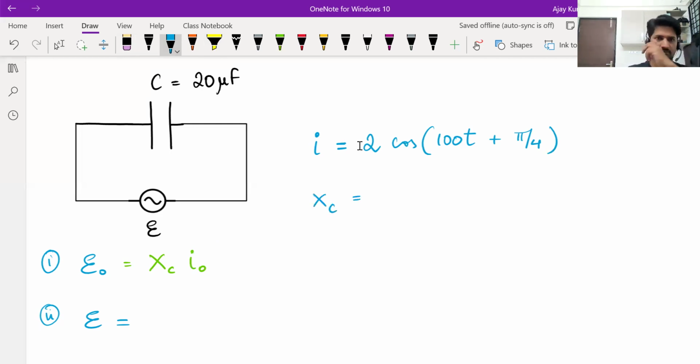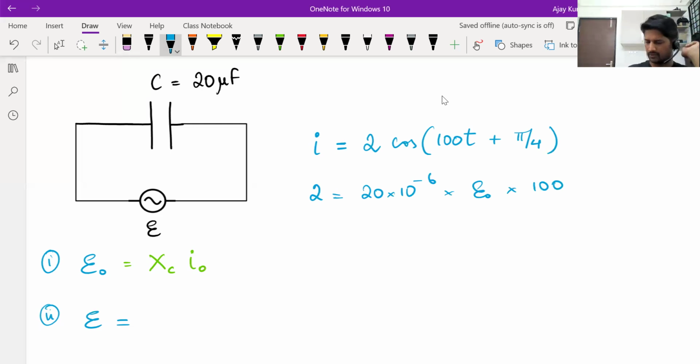Sir, I did I naught is equal to C E naught omega. Okay, fine, nothing wrong in that, you can do. So 2 is equal to C, 20 into 10 power minus 6, E naught, omega is 100. Even if you calculate XC and solve, you'll get the same thing.